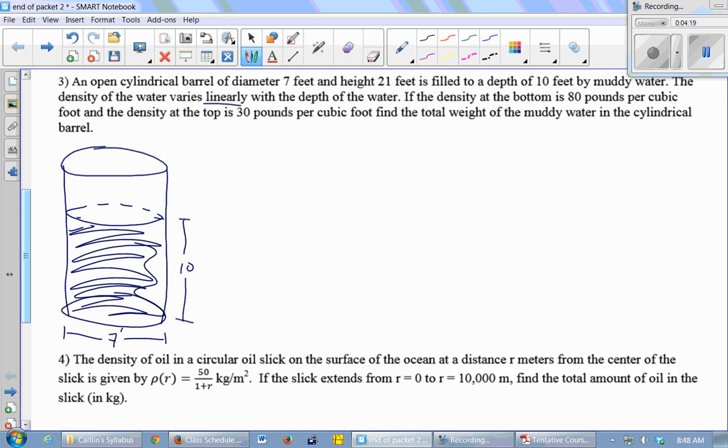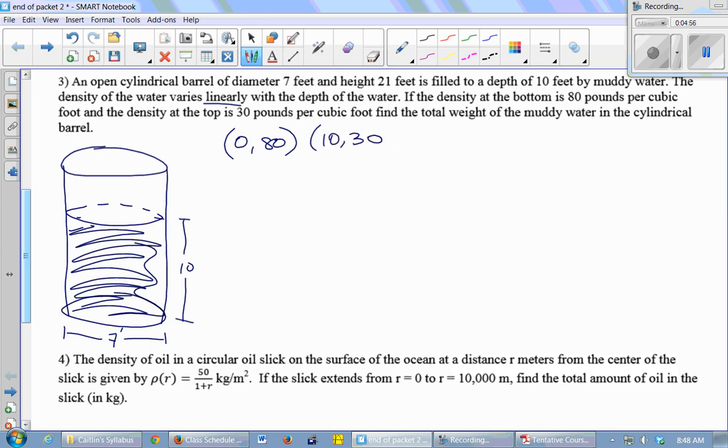So first we need to come up with a formula, a function that measures the density of the mud at any given point. Any ideas? Yeah, how'd you get that? Y-intercept, yeah. So we've got points: 0, 80, and then what's the other point? 10, 30.